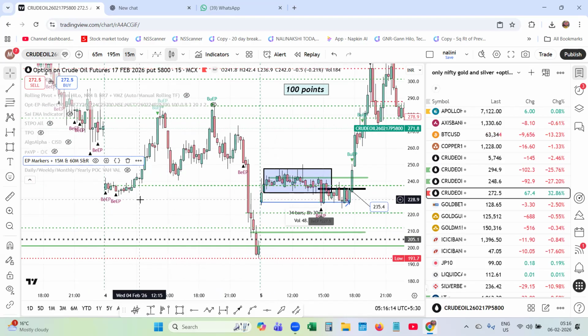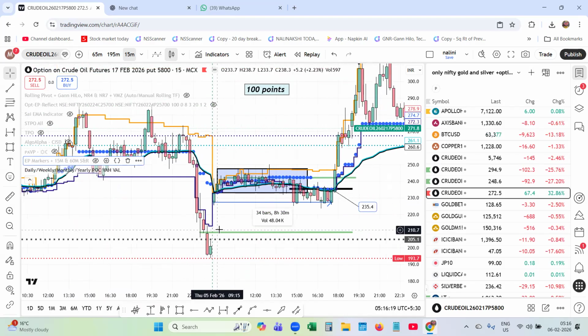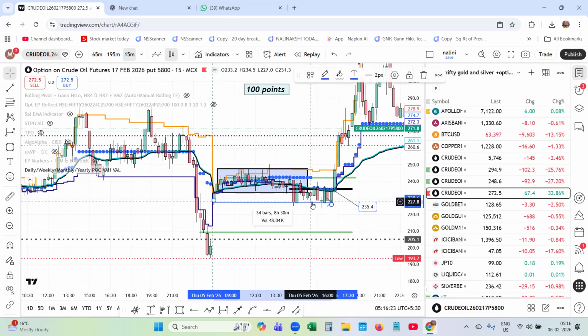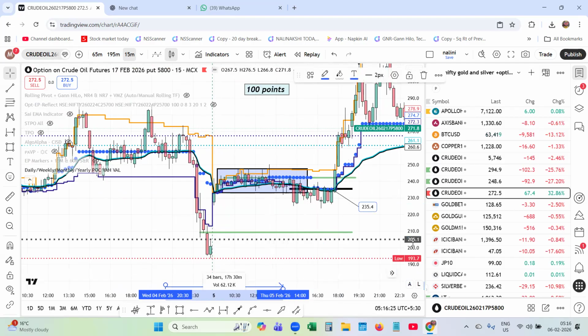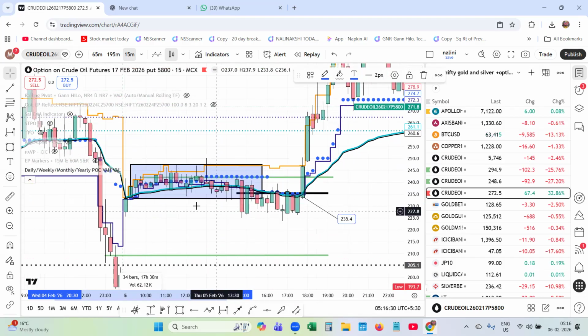So everything will tell you something. And if I enable the POC, market POC, it will tell you who is in control of the market, whether it's the buyers or the sellers, whether it is a responsive buying or an initiative buying.